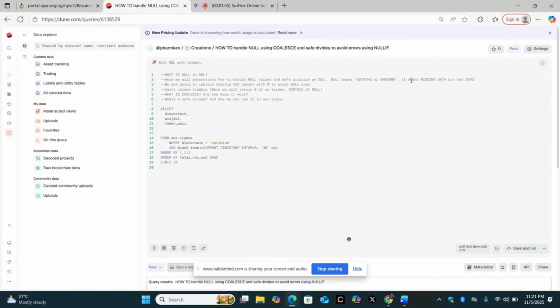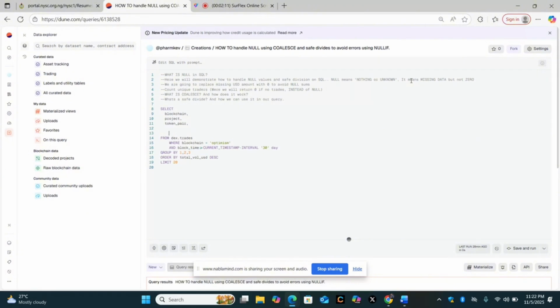When we see null in our result, it doesn't mean zero. Null is just an unknown value, or missing data.